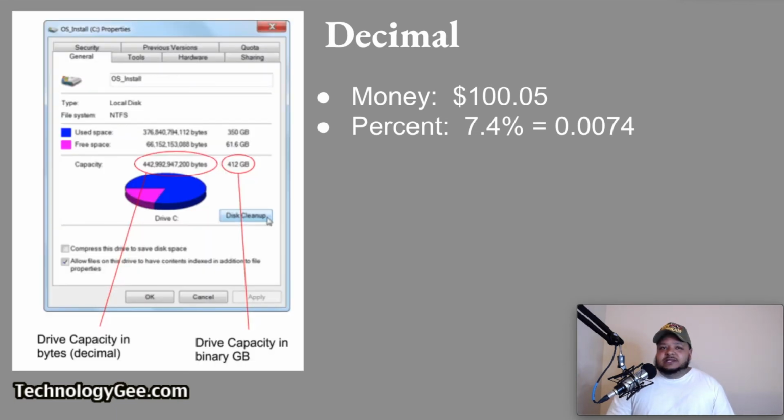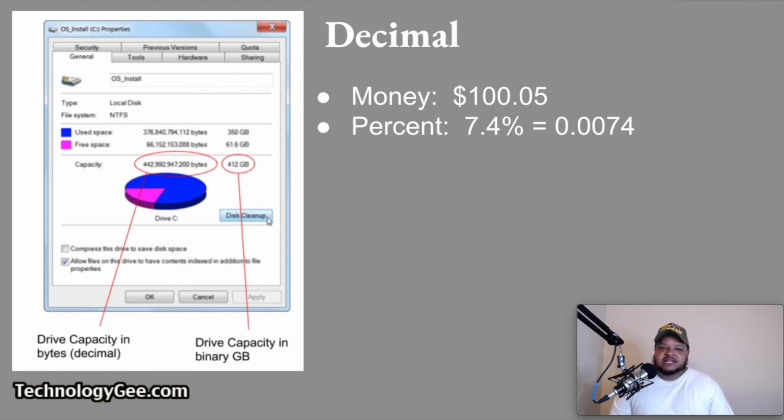Also, we use decimals when we are looking at the properties associated with hard drives on our computer system. If you look at the screen here, where it says capacity, it'll show something like 442 million or billion something, but basically it's showing you how many bytes are on this drive in decimal form.